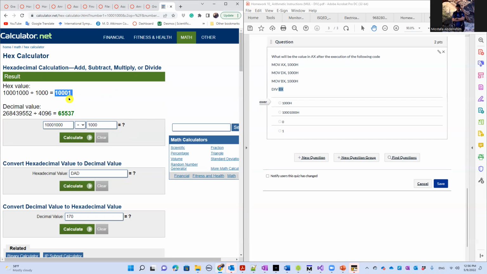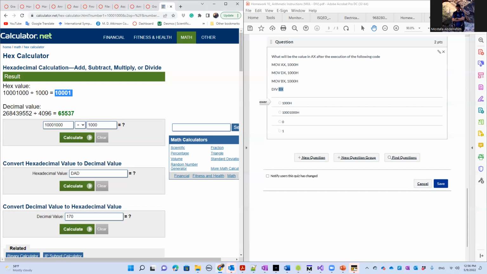This number, 10001, is more than 16 bits, and we learned that the maximum quotient is just 16 bits. So the maximum quotient will be basically 4 Fs in hexadecimal, which is 16 ones together.